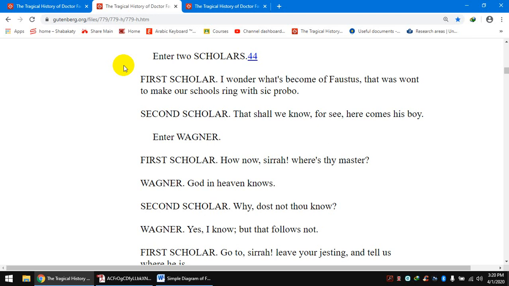But another point of view, which is raised by other critics, is that the mingling of comedy with tragedy is a necessity for the artistic unity of the drama.